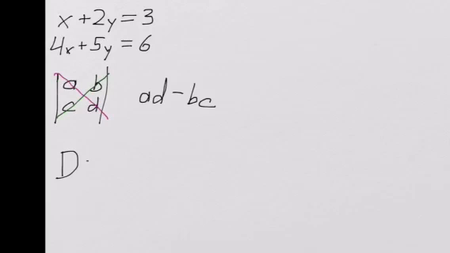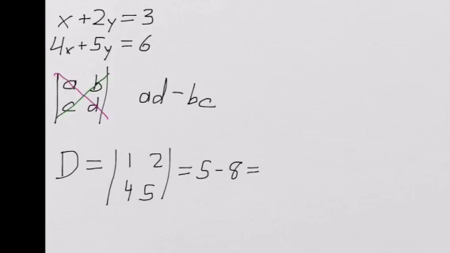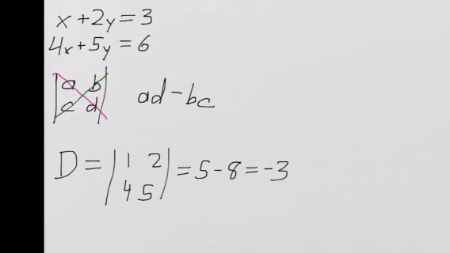The determinant D is going to be the determinant of the coefficients. So that'll be 1, 2, 4, 5. I take that determinant, that's going to be 5 minus 8, which is negative 3. And then I'm going to do two more.